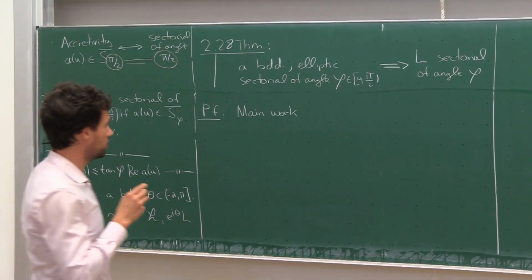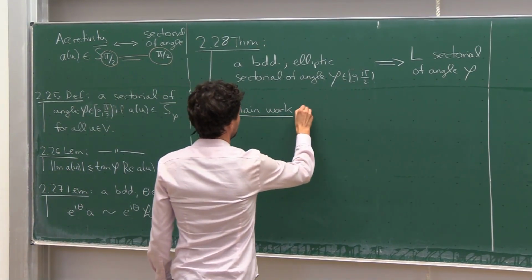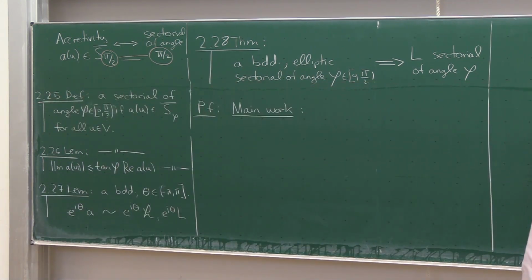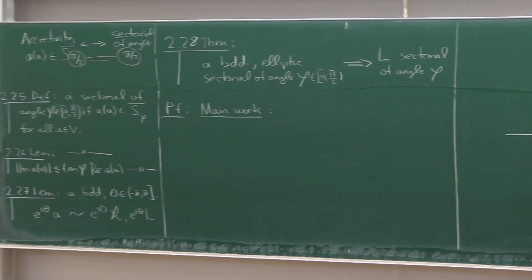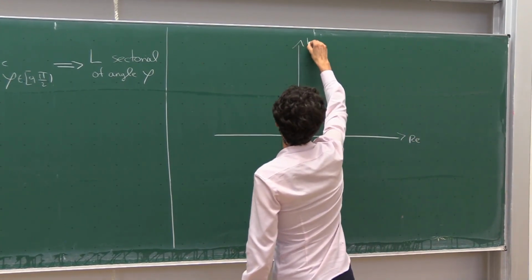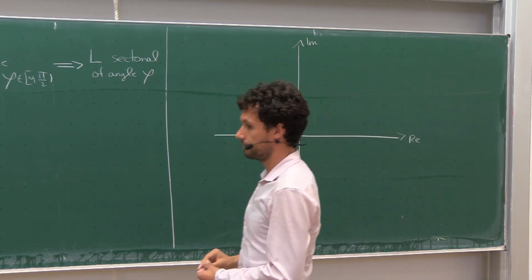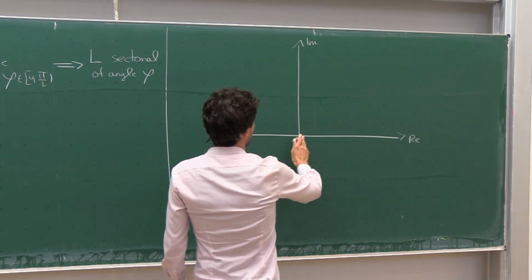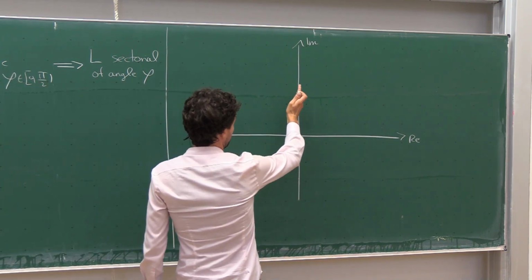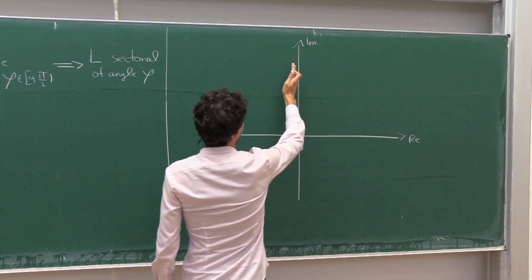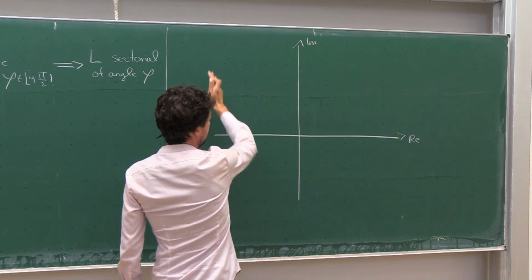The main work is to show that you have a complex plane, real part and imaginary part, and if the form is accretive, so the quadratic form takes values everywhere here, then you get the resolvent estimate here.